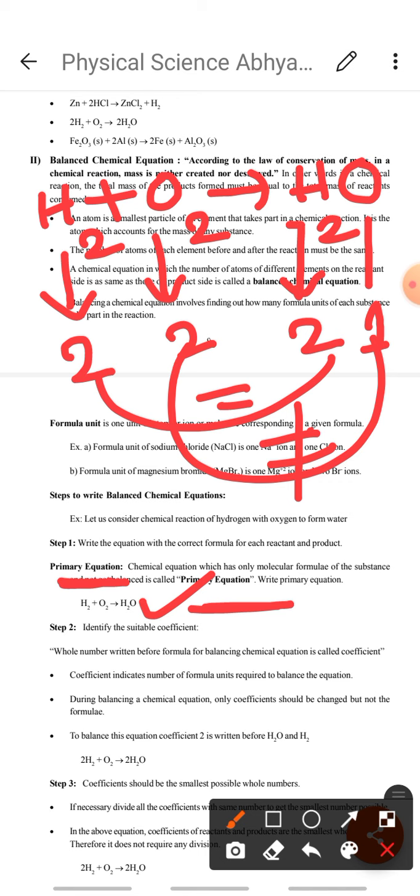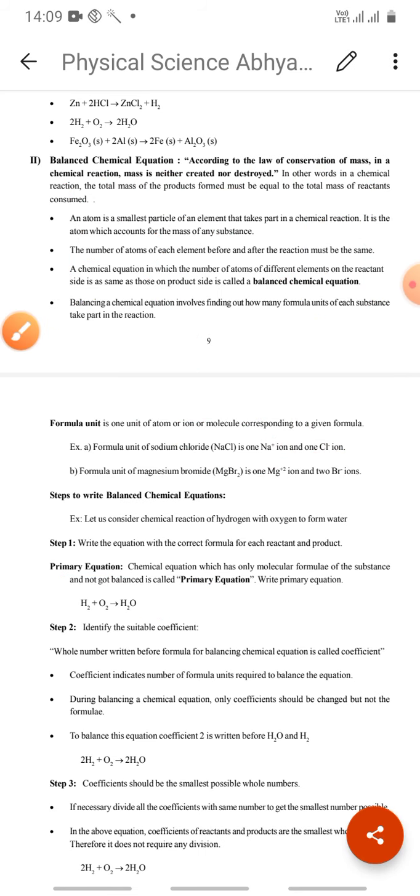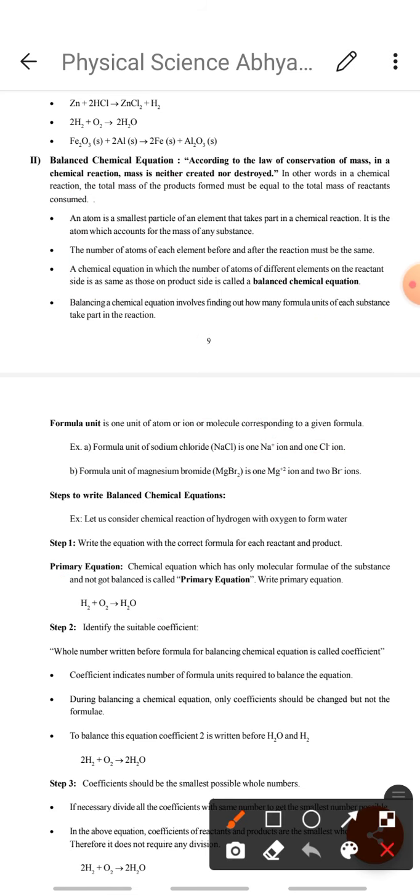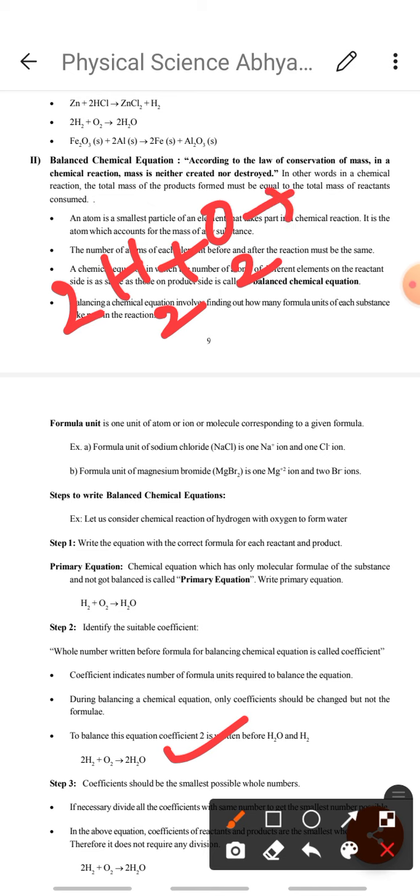But how should we balance a chemical equation? Just put an appropriate coefficient before the formula. When it is balanced, that is called balanced chemical equation. So you see here this equation 2H2 plus O2 gives 2H2O.